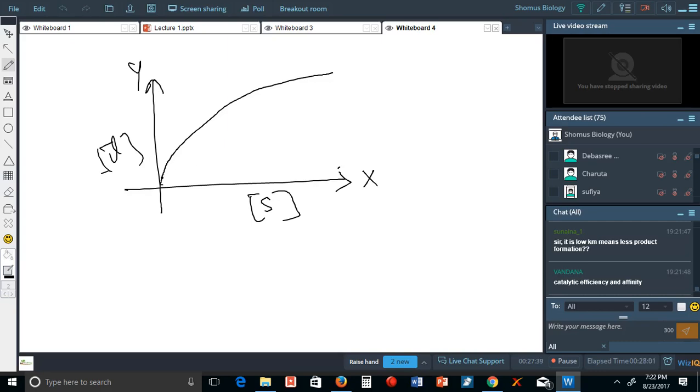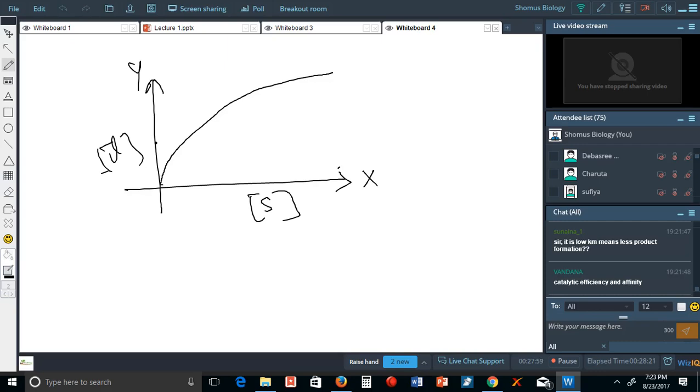As we change the substrate concentration, the velocity continues to increase. That is when we assume that the enzyme substrate complex is at steady state, meaning the formation of enzyme substrate complex and clearance of the substrate into the product are almost the same.